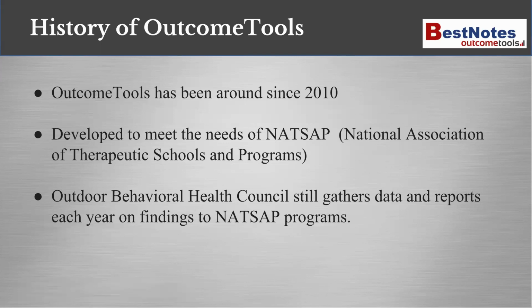They work really heavily with the Outdoor Behavioral Health Council, and they still gather data and report on that each year to the NATSAP programs. They've been gathering this since 2008 and have found lasting change in the areas of behavioral problems, substance abuse, depressive symptoms, and a variety of other issues, and only because they've been able to show that visually with the outcomes that they've gathered in outcome tools.